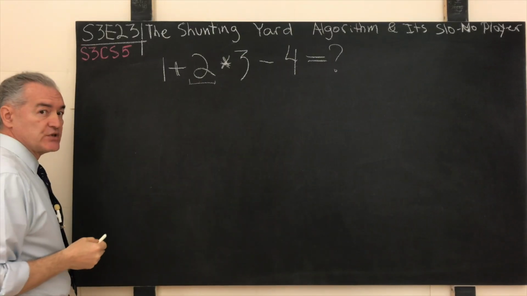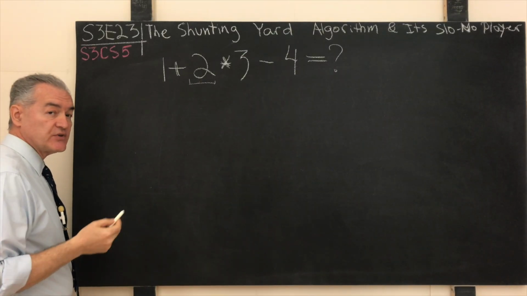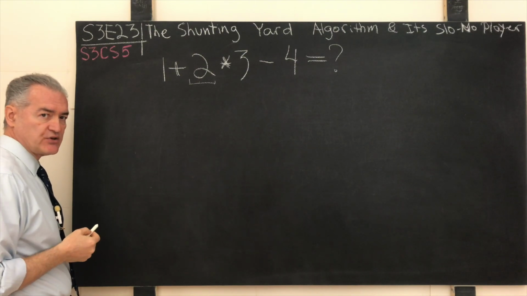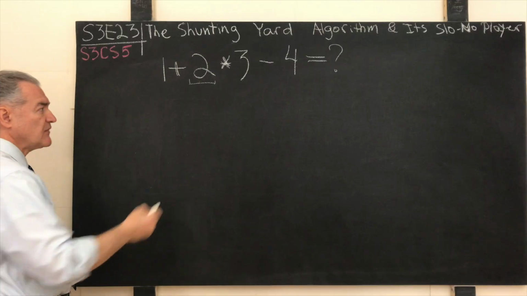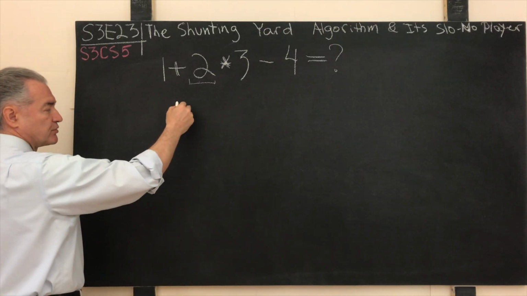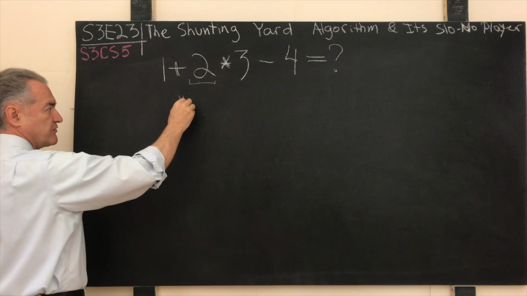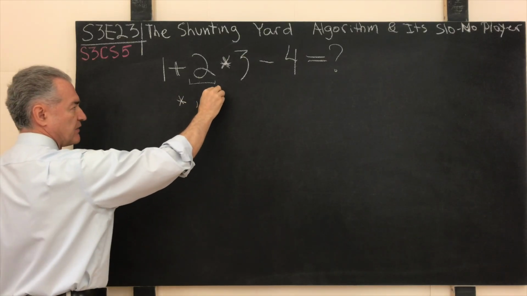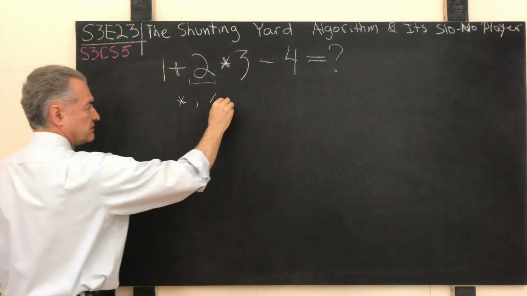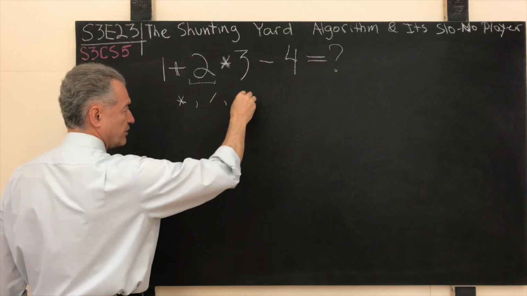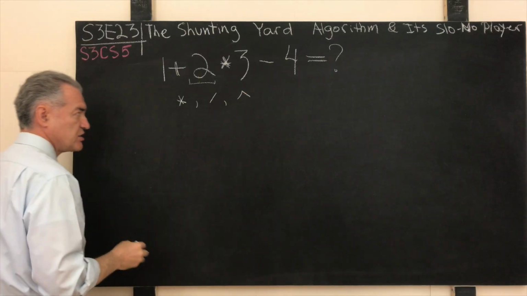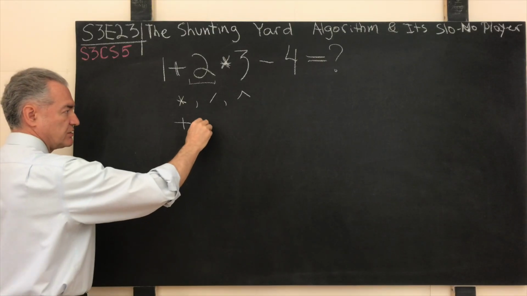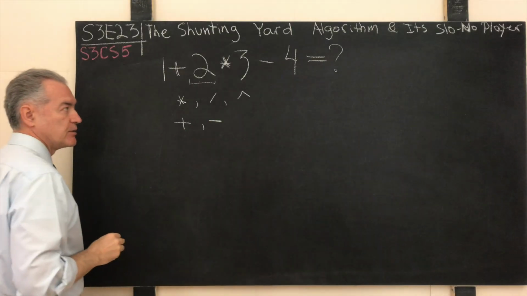In order to deal with such conundrums or conflicts or collisions, the notion of precedence of an operator was introduced. Across the popular arithmetic operators, multiplication and division, and exponentiation, take precedence over addition and subtraction.